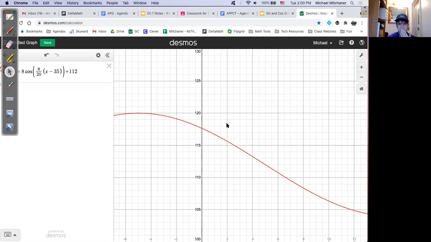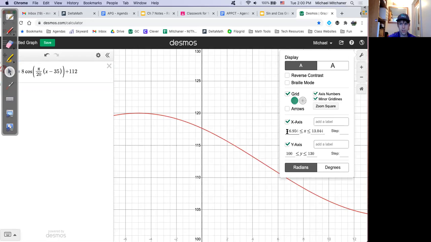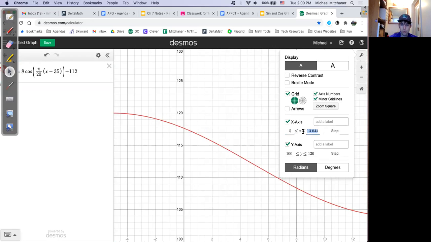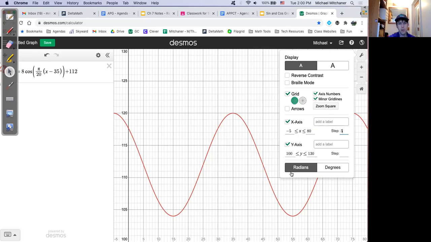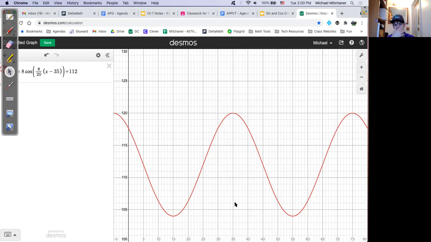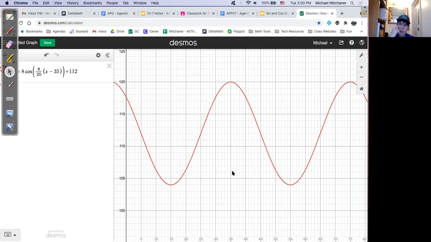And the x-axis does need to scale a bit. Let's go from -5 to 80, stepping by fives. I don't know if this is the best, I'm just knowing kind of what we scaled by. You can see down here the different numbers.